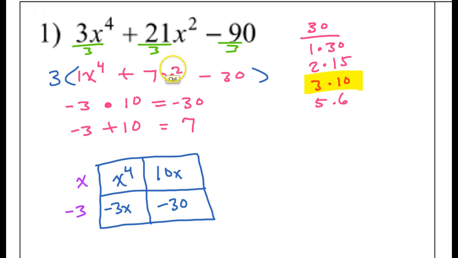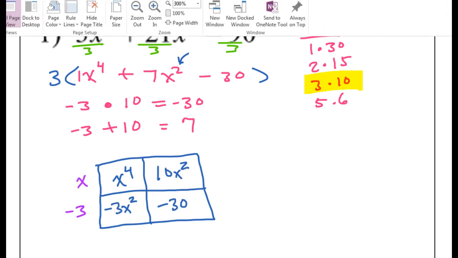I'm used to doing problems that have an x term right here in the middle. But this is not an x term, this is an x squared term. So whenever we write these two boxes, where I have negative 3x and 10x, we are really splitting up this middle term. So since the middle is an x squared term, for this problem, these need to be x squared instead of just x. So that's going to change my GCF.